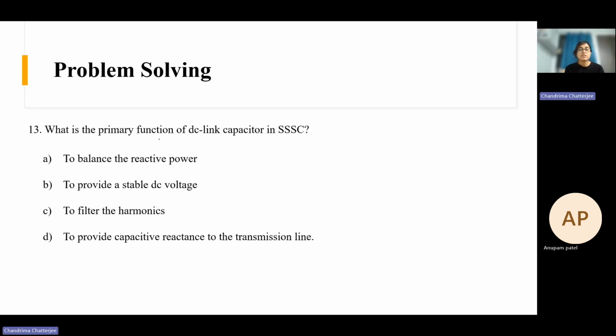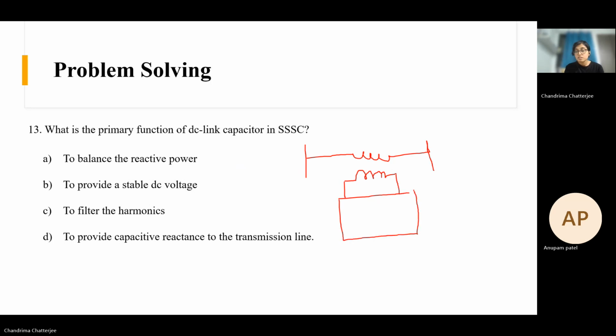So what is the primary function of DC link capacitor in SSSC? So if you remember the circuit, first there was the step down transformer. Here comes the SSSC, which is the voltage source converter, then the capacitor.